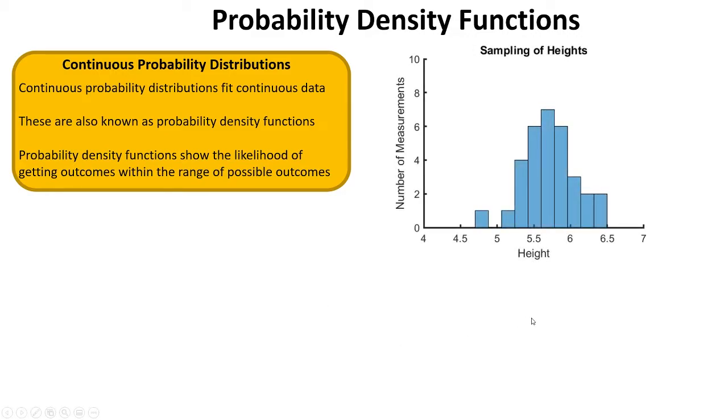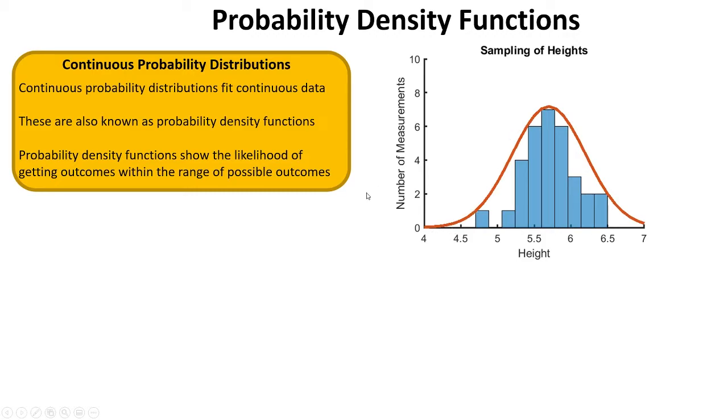Say we were measuring the height of a group of people, and we put it in the form of a histogram, where we have a range of heights and then brackets in which we count how many people fall into that bracket. That gives us a distribution of heights across a range with a number of measurements. We can fit a smooth curve to this data, and this smooth curve fitting the data would be known as a probability density function.